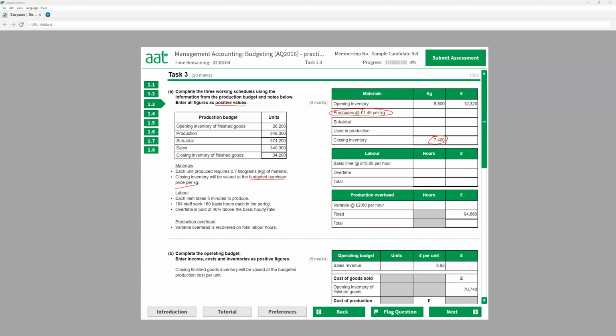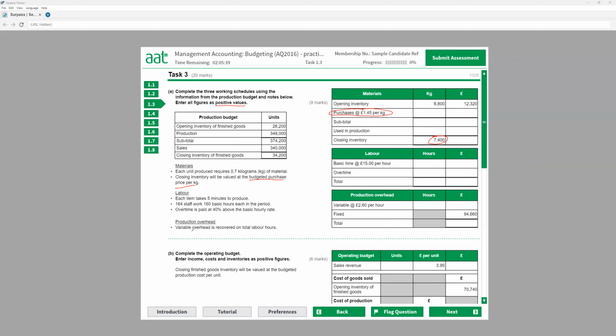So 164 staff times 160 basic hours will tell us how many basic hours there are. Overtime is paid at 40% above the basic hourly rate, so overtime will be paid 40% more than the basic rate.